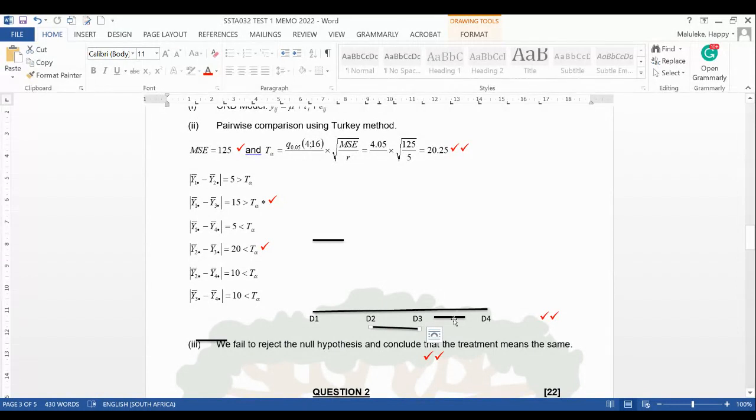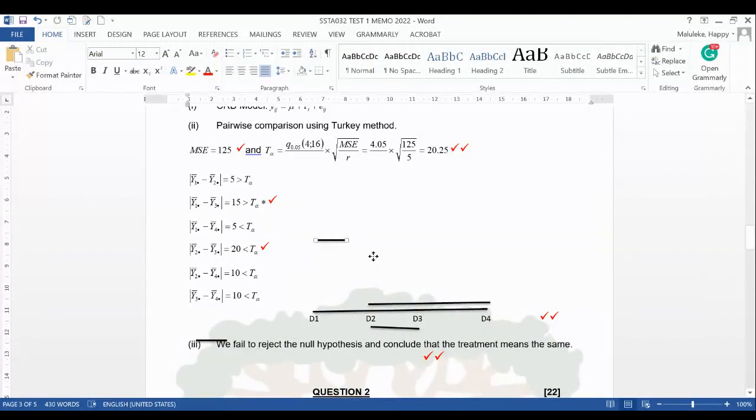Mean 2 and mean 4, again, you need another line which will represent mean 2 and mean 4. And the last one, mean 3 and mean 4. Now you'll do something like this.